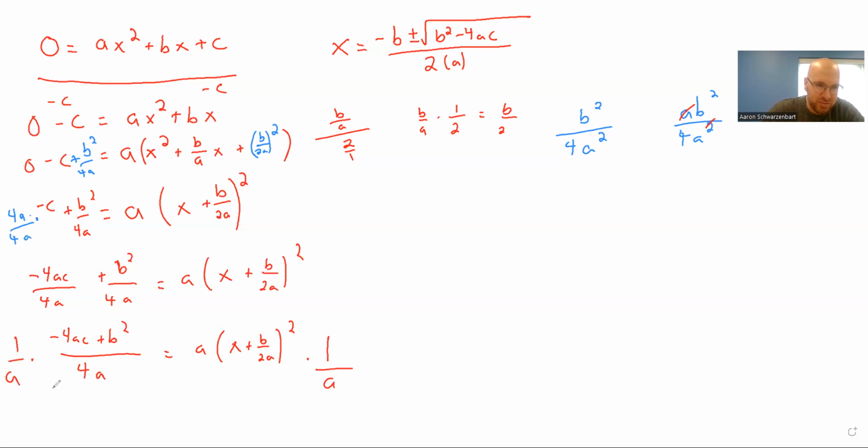And again, I'm doing it to both sides, so this keeps it equal. I'm also going to swap the order of these two because I like my negative sign in the middle. Four a times a is 4a squared.